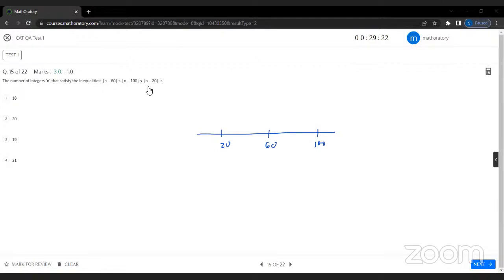The distance of n from 100 should be less than the distance from 20. Okay, 60 is the average of 20 and 100, right, so it has to be in this direction, meaning we cannot take 60. Also the distance from 60 should be less than the distance from 100; the midpoint of 60 and 100 is 80, so 80 cannot be reached, so it has to be in this range, not inclusive, so 19 numbers in this range. It said integers, yes, obviously I cannot count otherwise, so 19.